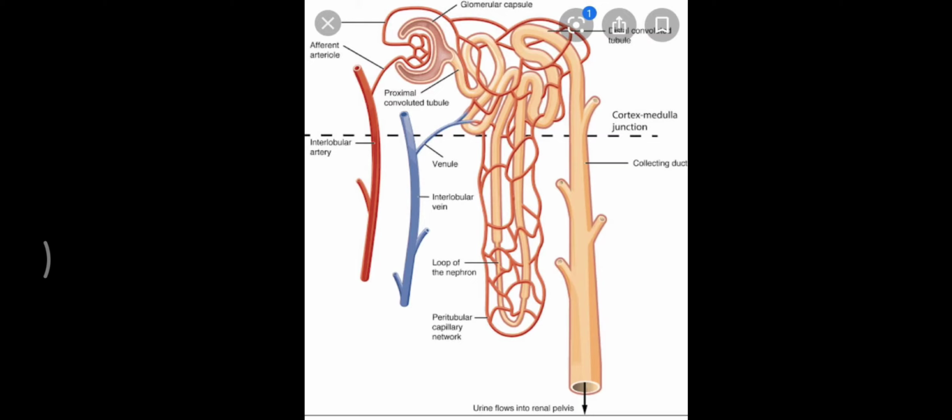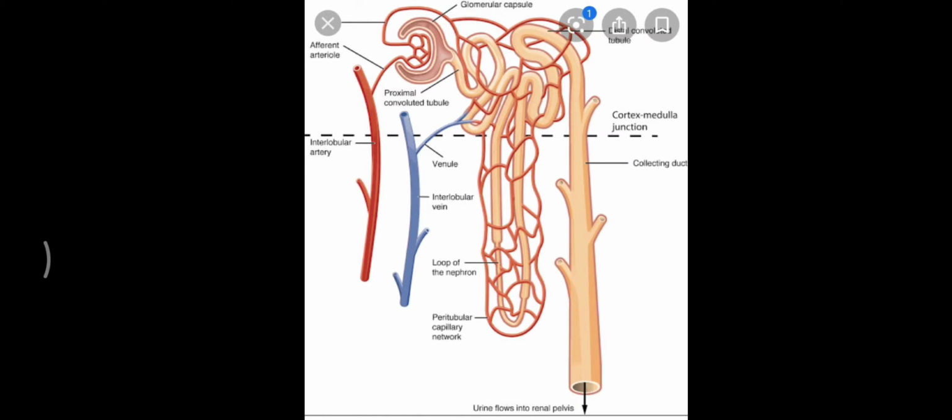Now yesterday we learned that the kidney has two zones, the outer zone called the cortex and the inner zone called the medulla. So let us see which parts of the nephron are present in the cortex and which part is present in the medulla.